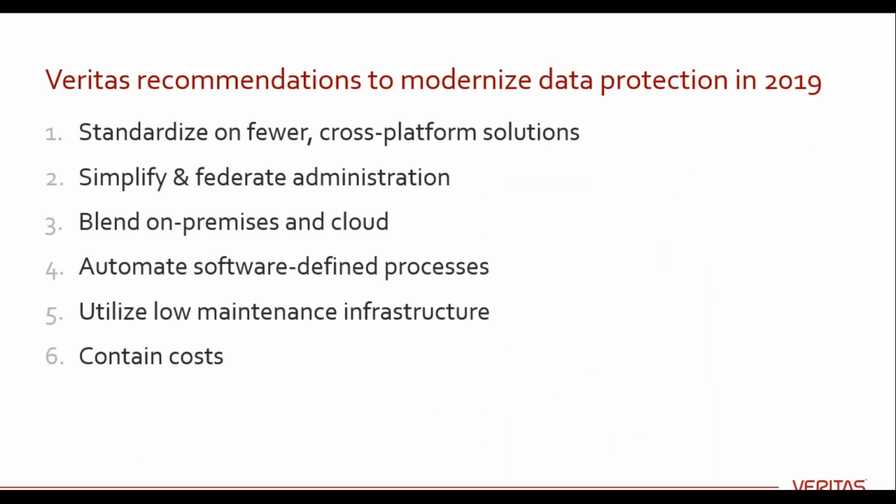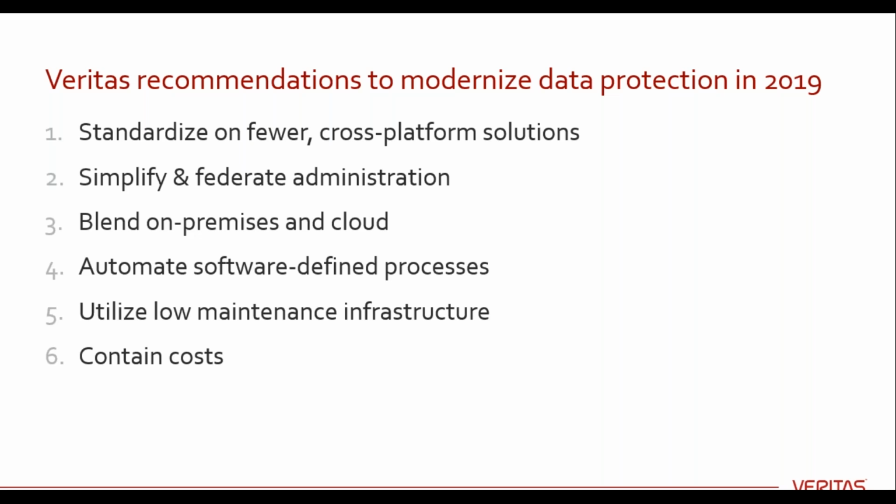So with all of this external data, what is our perspective? What is the Veritas perspective on how we recommend you modernize data protection for 2019? I'd like to summarize these across 6 different strategies. First of all, you want to standardize on fewer cross-platform solutions. What this is going to do is help you become more operationally efficient. Secondly, you want to be able to simplify and federate administration.